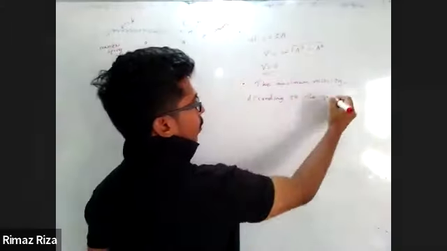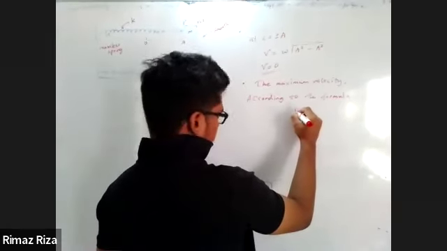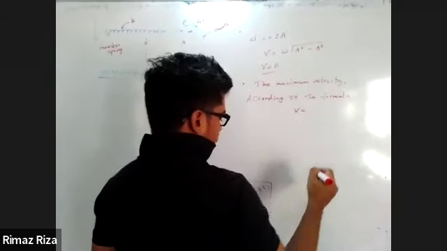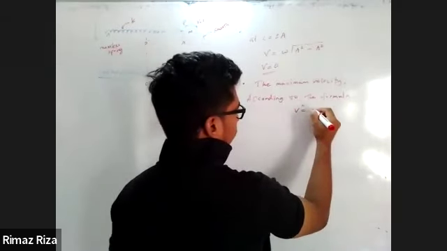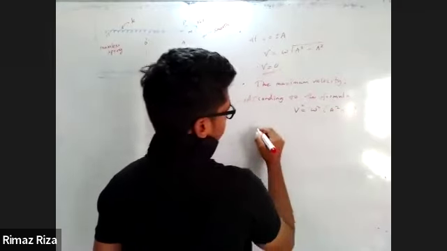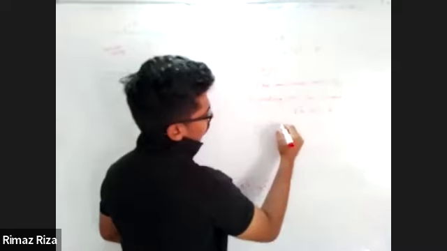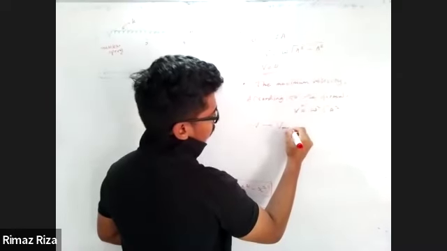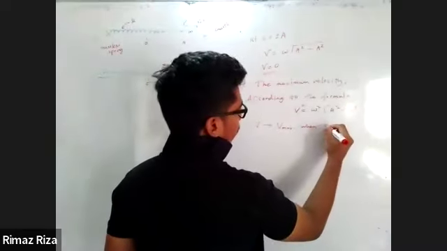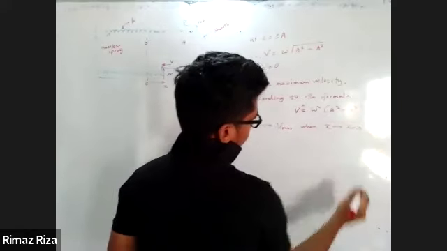Okay, so according to the formula, v squared equals omega squared times a squared minus x squared, v is maximum when x goes to the minimum value.